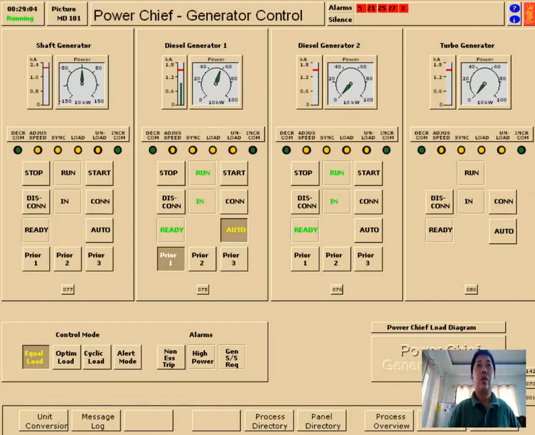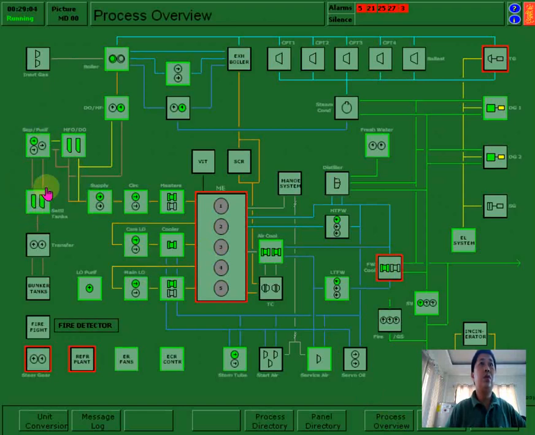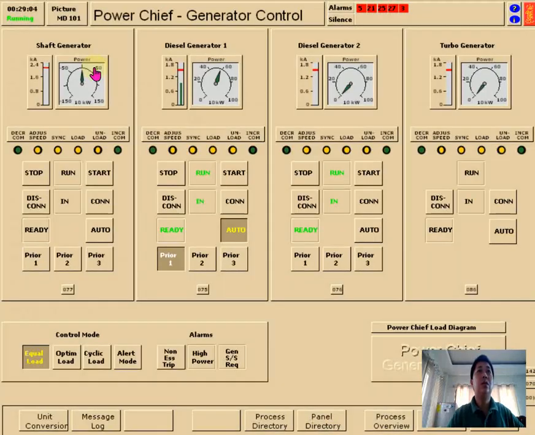Let's say you reduce the load, you stop some machinery here. I will not do that, but I will tell you how it is done. You stop some machinery to reduce the load. So the load will concentrate in number 1 because we put in priority 1 on automatic.